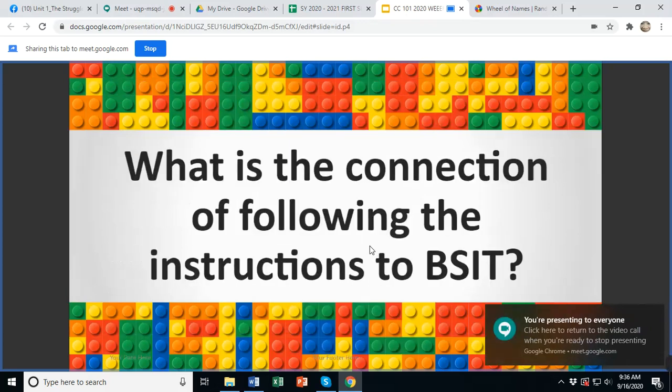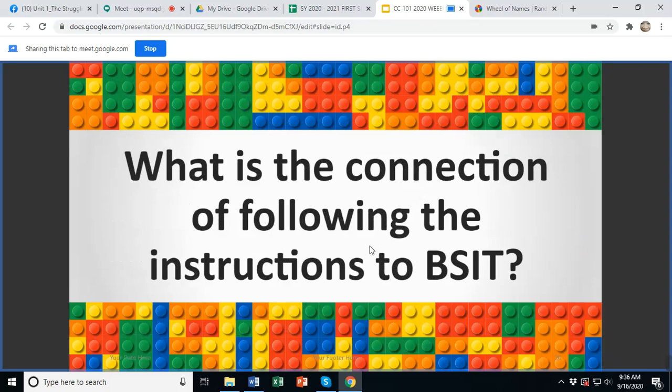Sige. What is the connection of following instructions sa BSIT? Actually, I'm just part of itong sa mindset ninyo. Kailangan na ito itong growth mindset. Now, in IT, tanan jud is naga-follow instruction.